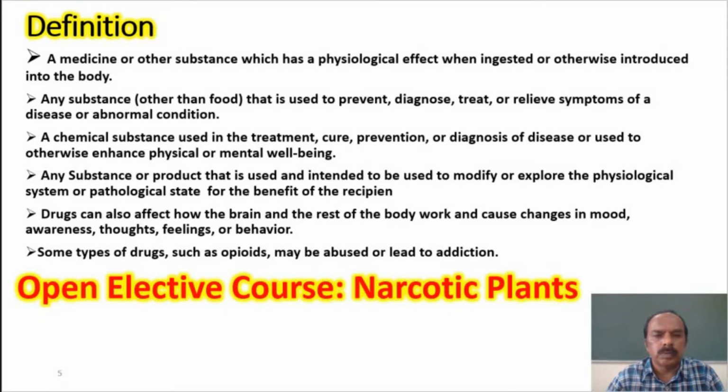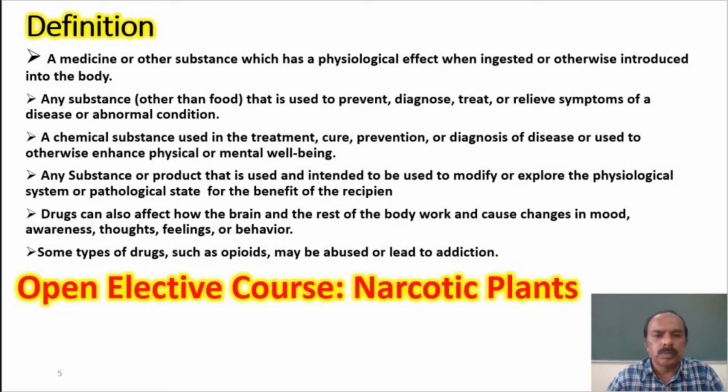A medicine or other substance which has a physiological effect when ingested or otherwise introduced into the body. It may be any substance other than food that is used to prevent, diagnose, treat or relieve symptoms of a disease or abnormal condition. There are other definitions also, but we are looking into the narcotic drugs.